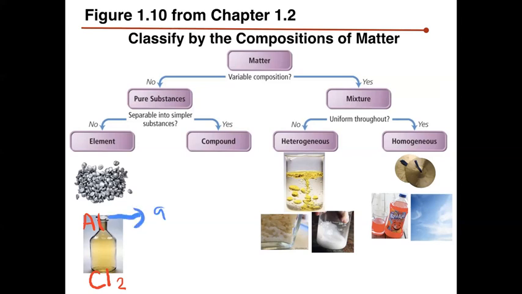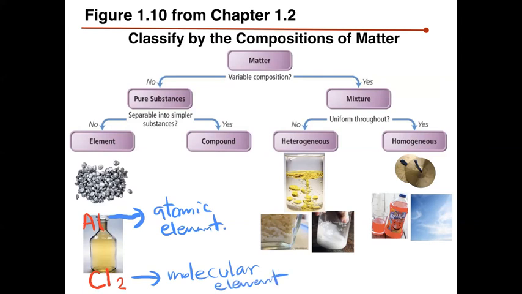This would be atomic element. Okay, this would be molecular. Molecular comes from molecule. It is an element that is present as a molecule. So in nature, chlorine is present as a molecule, which means it needs to come together with another atom of chlorine. But aluminum would be just one single atom. So that's why we call it an atomic element.